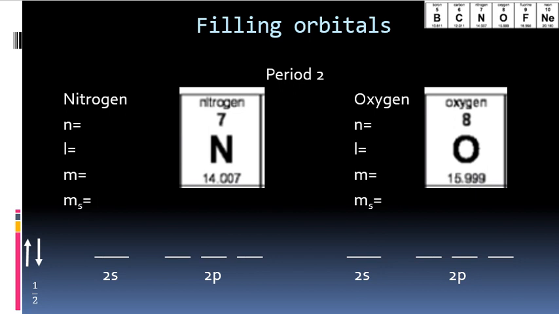So, using the group number again, nitrogen is in group 15, so it has a total of 5 valence electrons. Those first 2 electrons are going to be used to fill the 2s orbital, one that's going upwards and one that's going downwards.